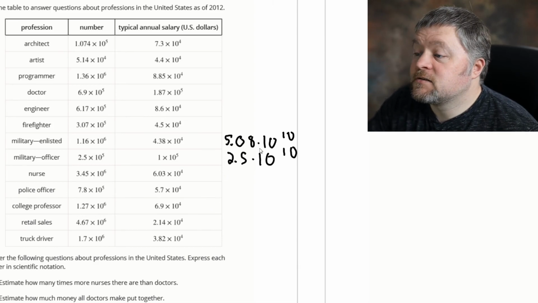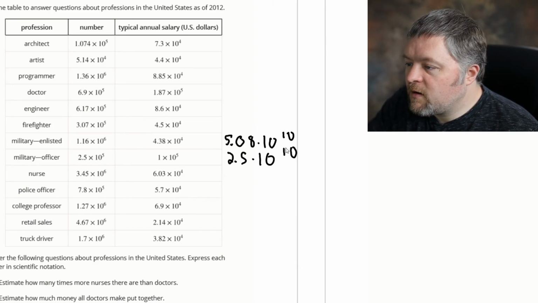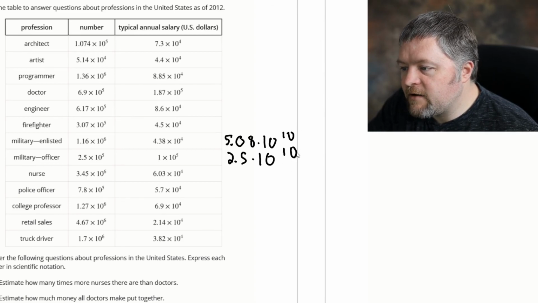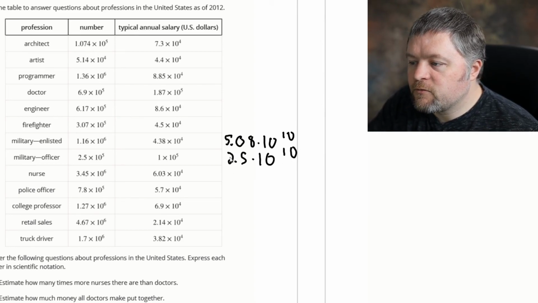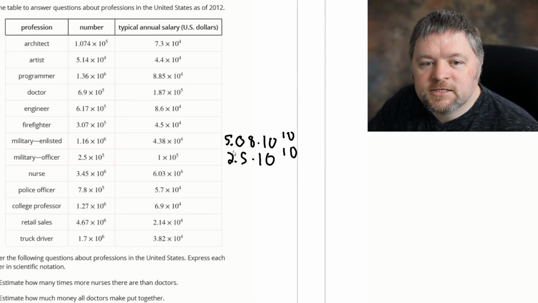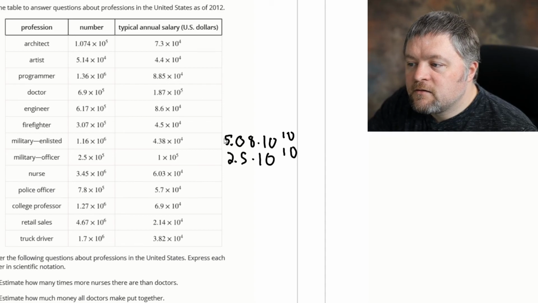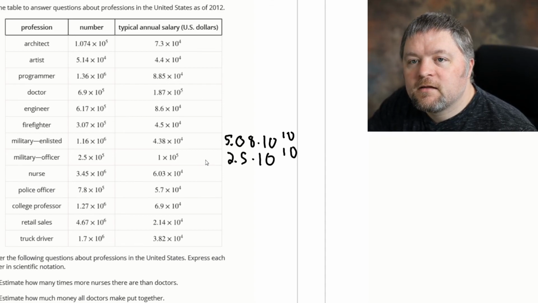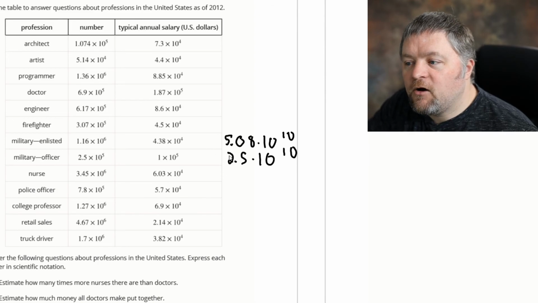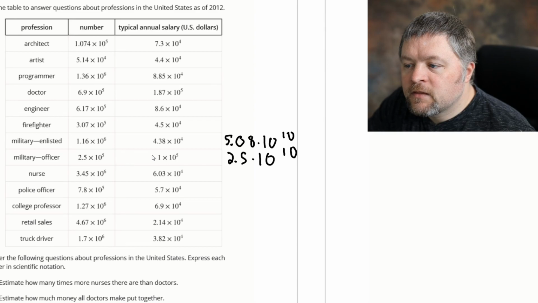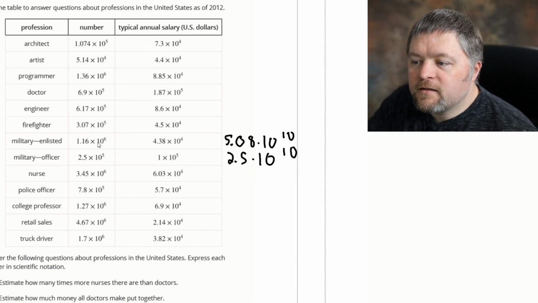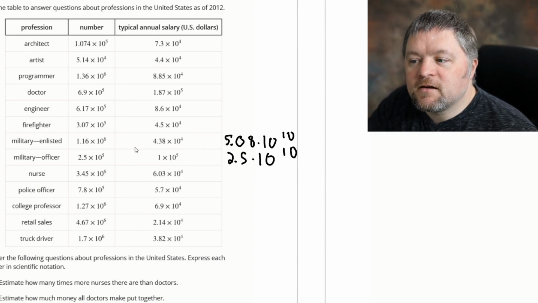It asked us also how many times more. Well, both of those have a power of 10. They're both one digit in front of the decimal place, proper scientific notation. So enlisted make more money than officers as a whole even though the officers make more money as an individual, but there are many more enlisted than officers.